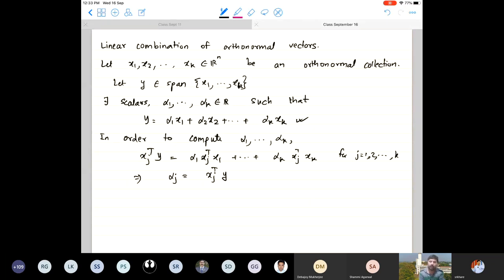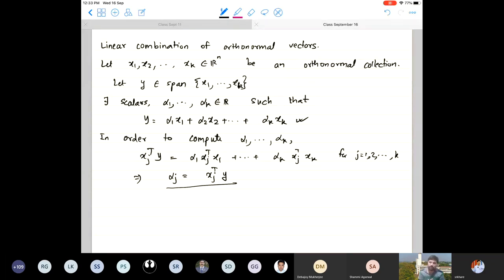So this is a very useful thing, and it has a very important role to play in future. When we see how to actually compute a least squares solution, this particular property of finding alpha j is really going to be helpful for us.